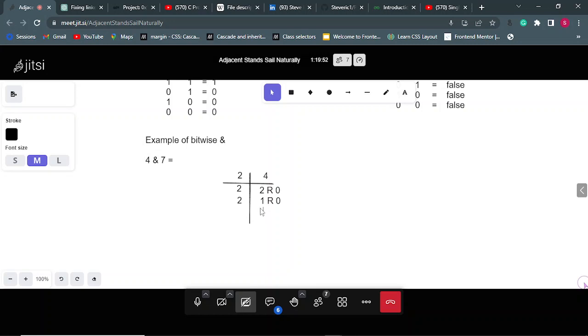Remainder 1. You remember our stuff in secondary school, remainder 1. Okay, look at it, 1. And you have to go from bottom to up, like this, right?